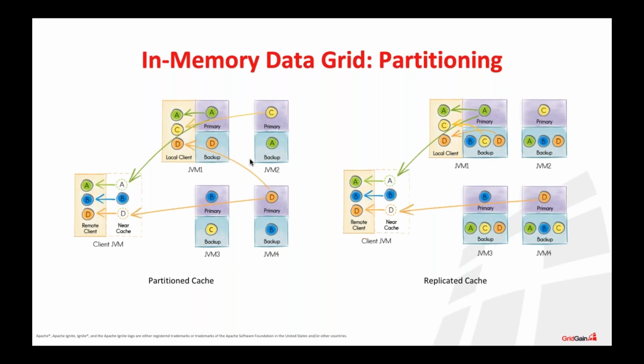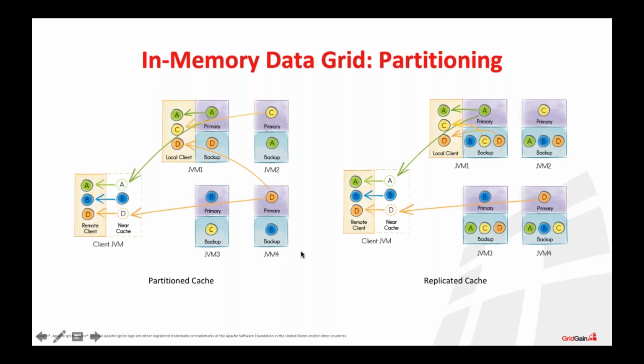And this is how it works. And once this happens, to meet your backup configuration, the cluster will elect another node that is still up and running and will back up key A on some other node. This is how partitioned cache works.